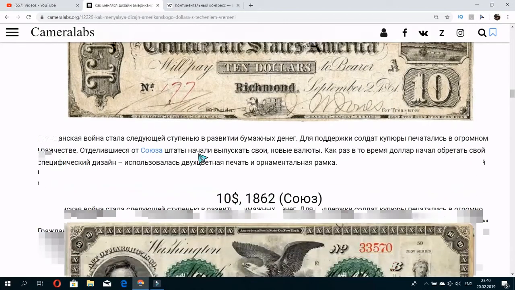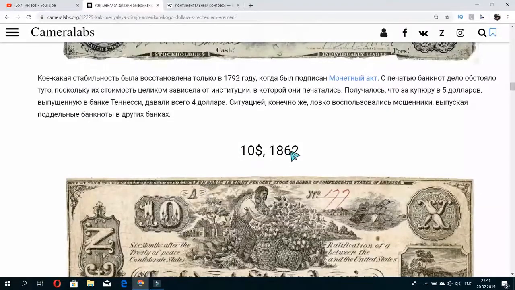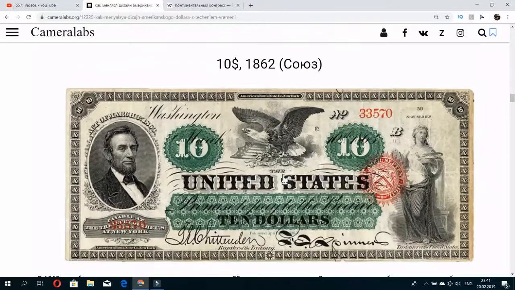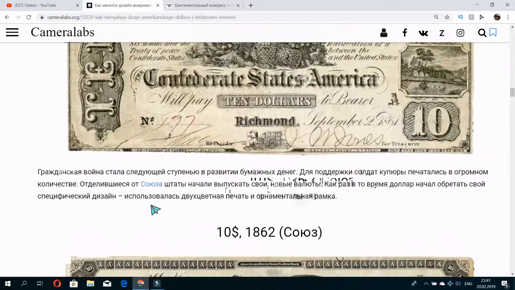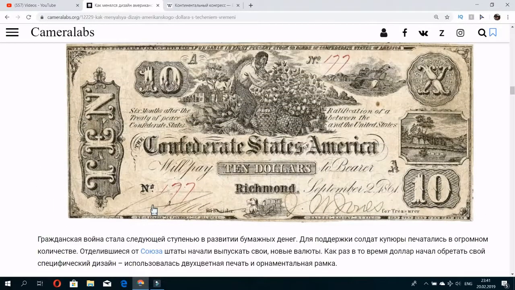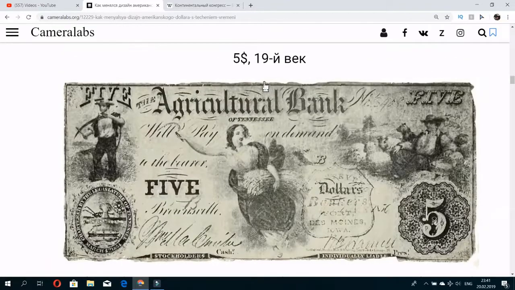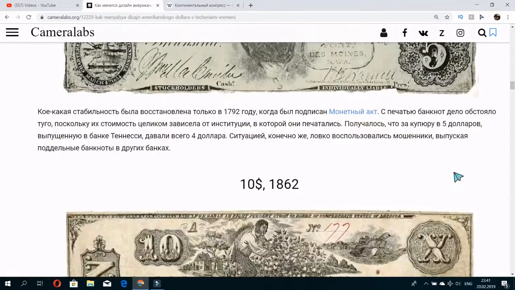Okay, this was 1862 and this was 1862, so it's two types of money at the same time. Check out, actually I don't see any Christian symbolism on either of those from 1862, and here from 1854 also no Christian symbolism.